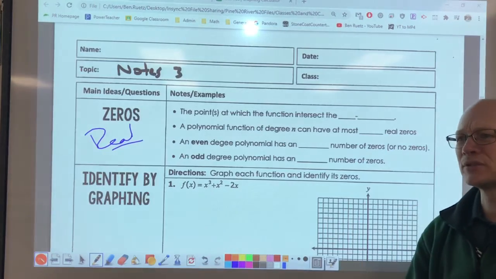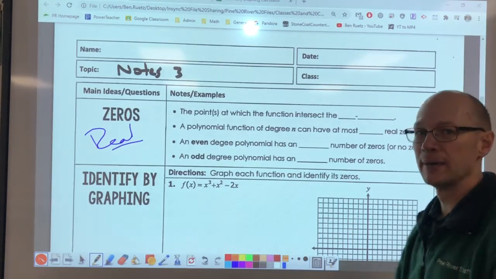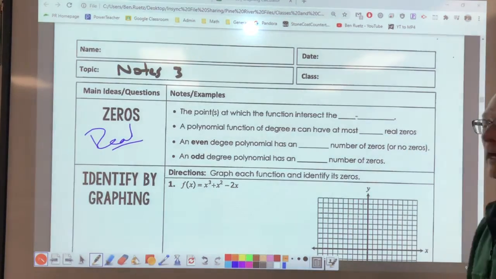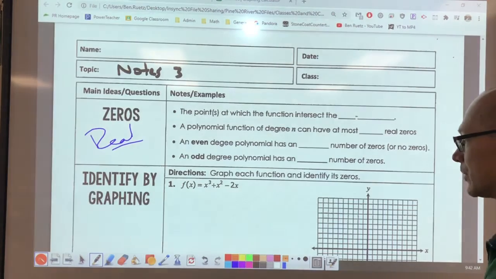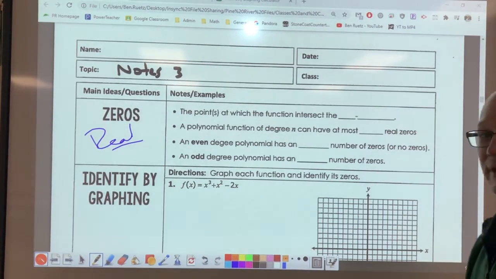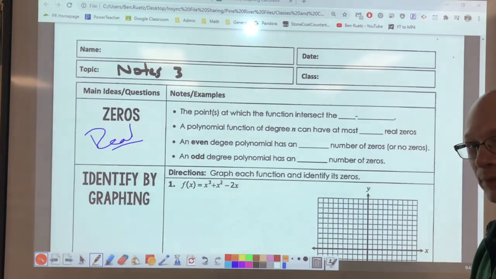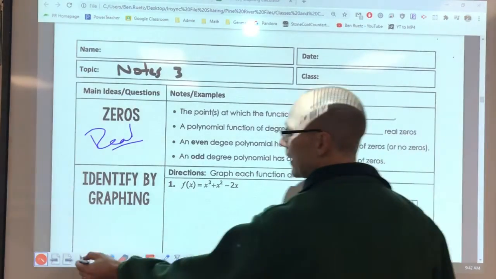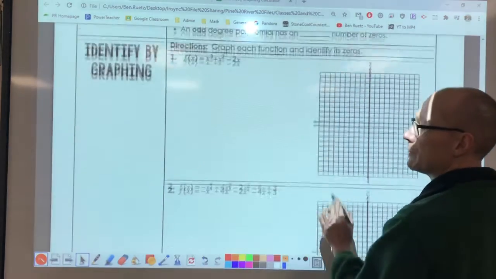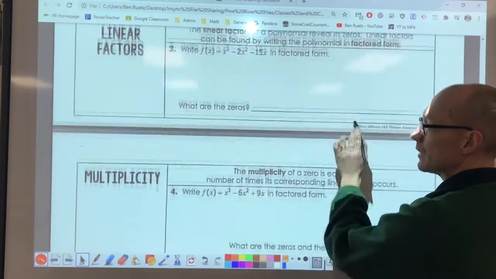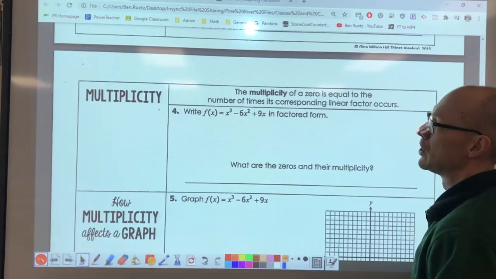Well, what happens if it doesn't look like that? And again, it could be that they are imaginary, but it also could be that there's an issue of multiplicity. And I want to show you what that looks like by jumping down here to this idea of multiplicity.